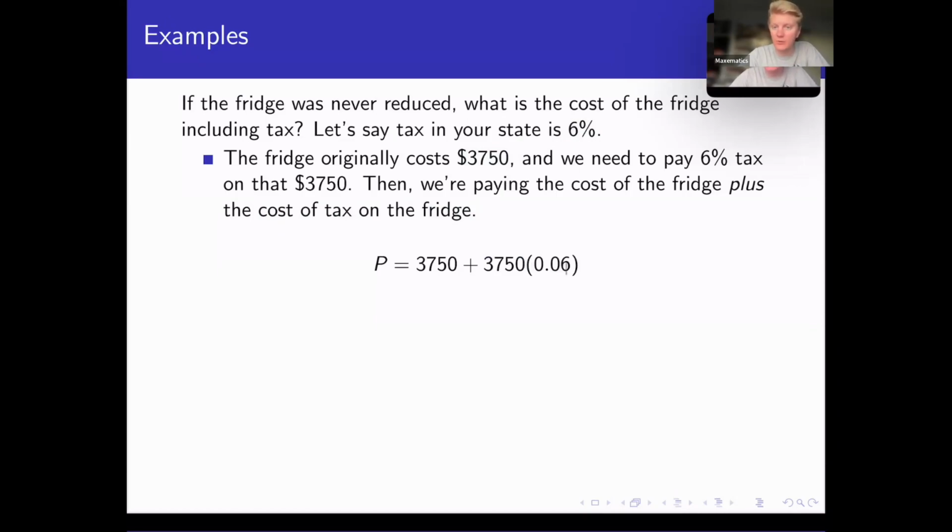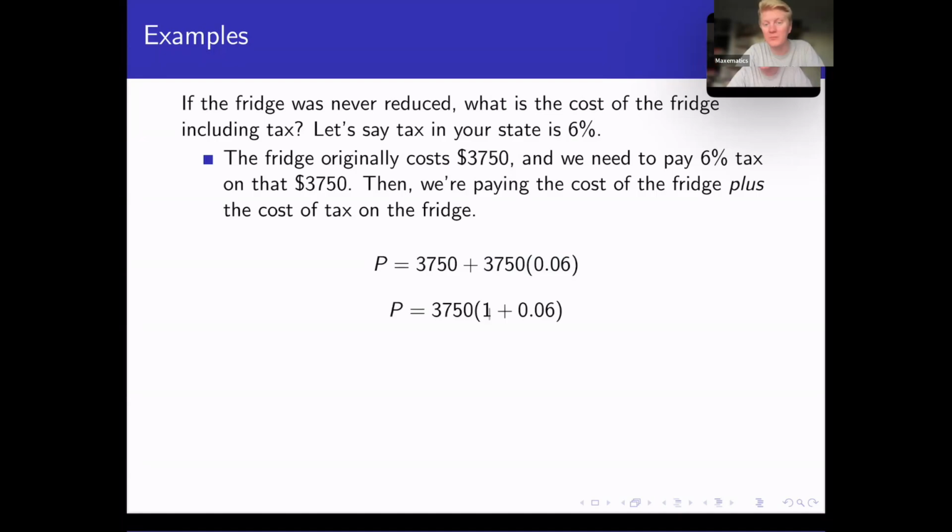6%, 0.06. Now this is going to be kind of weird because you could simplify this right away, but there is a little bit of a method to the madness right here. If they both have $3,750, can we factor out $3,750? Yeah, we sure can. If we factor out $3,750 from $3,750, we're left with 1. If we factor out 3750 times 0.06, we're left with just 0.06.